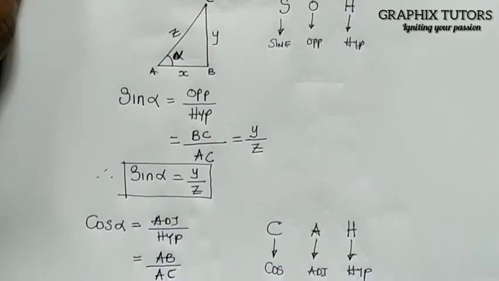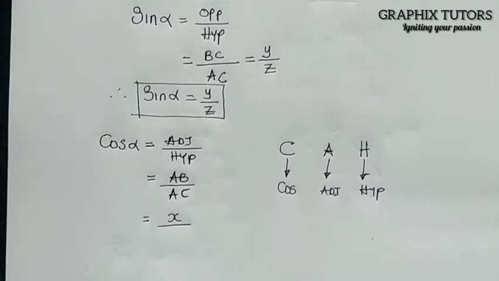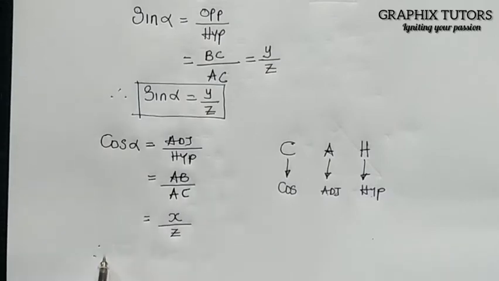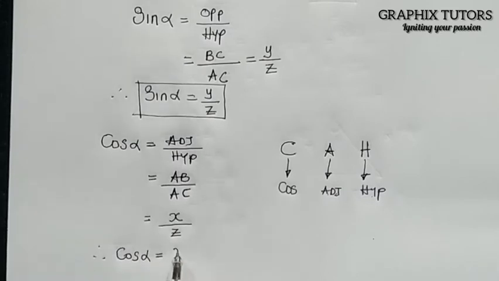Z. And that will give me my Z. So therefore we say that cos alpha is equals to what? X over what? Z. We move forward.